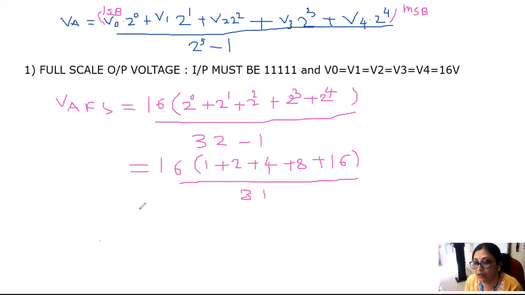Now add all these quantities together. 16 plus 4 is 20, plus 8 is 28, 28 plus 2 is 30, and 30 plus 1 is 31. So it will be equal to 16 into bracket 31 divided by 31. If you simplify this, 31 will cancel with 31, and what remains here is 16 volt. Your full scale output voltage is 16 volt.